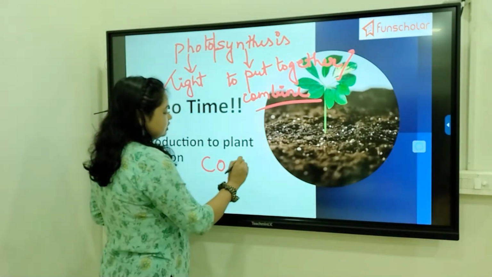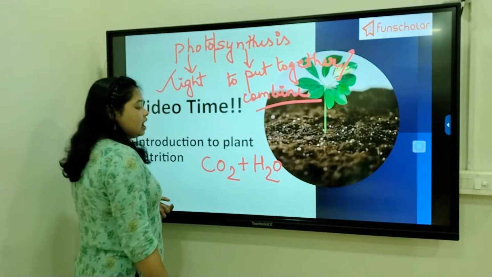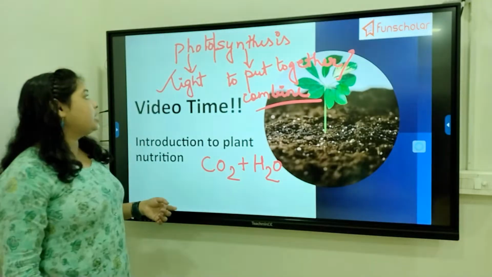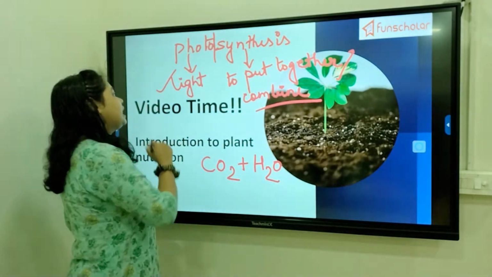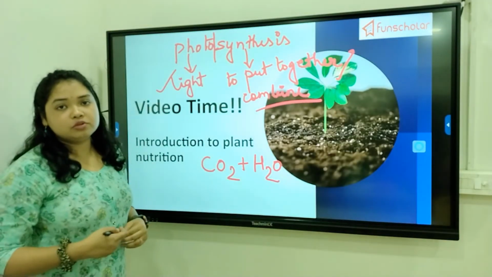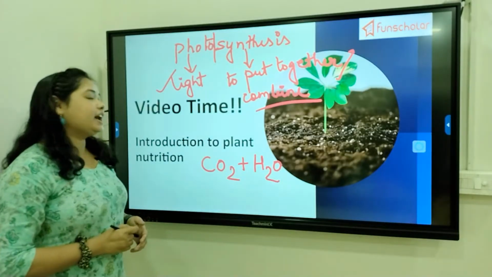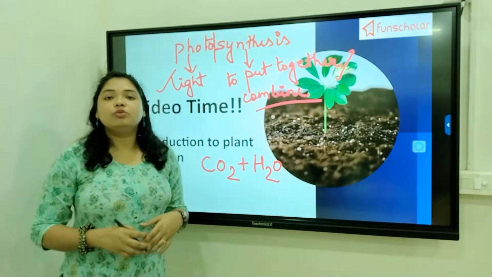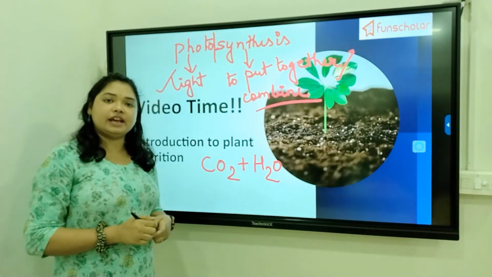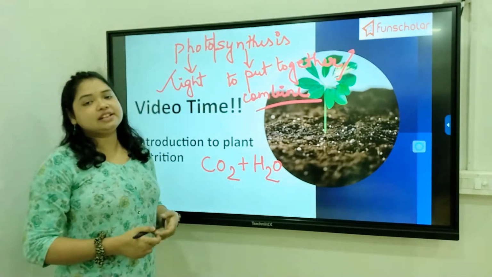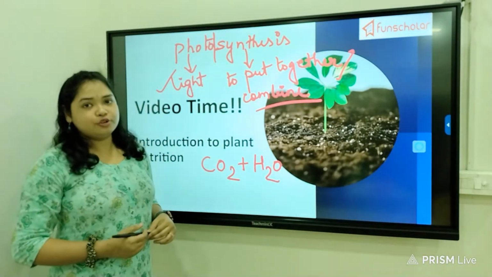Carbon dioxide and water. And another thing is required in order to absorb the light. When I mention light, I mainly talk about the natural source of light, which is the sunlight for our earth. Now we need some substance which can absorb the sunlight, and that substance in case of plants is the green pigment called chlorophyll.